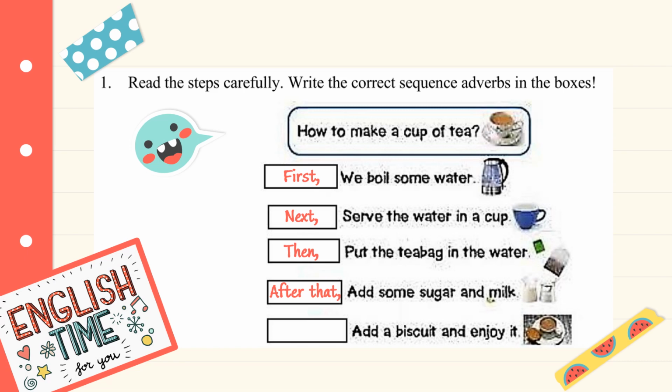So if there are 10 steps, you can use next, then, or after that for the second step until step number 9. Now, the last step always uses finally. Very good, grade 5. Do you have any questions? Good. Easy, right?